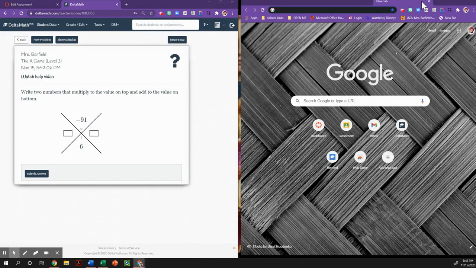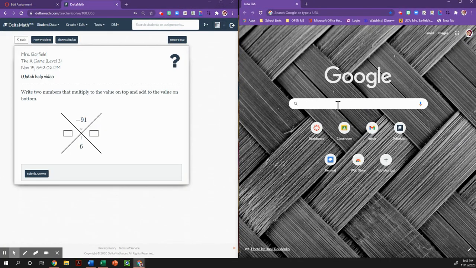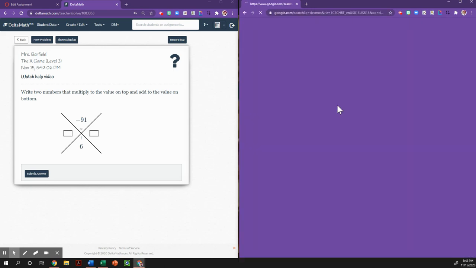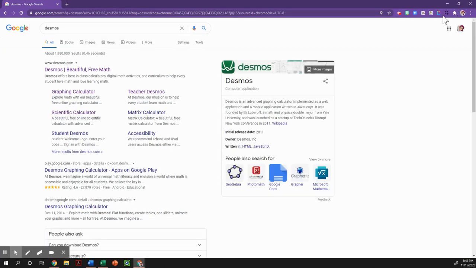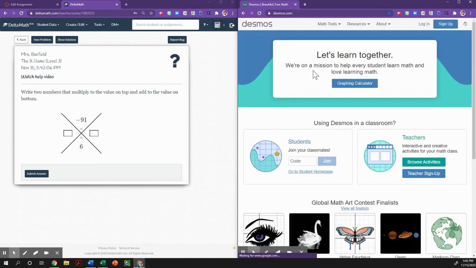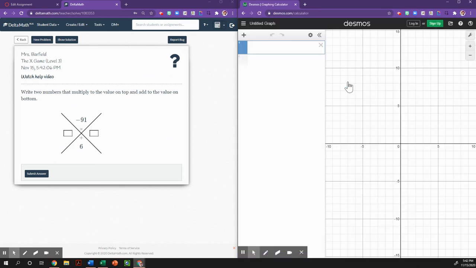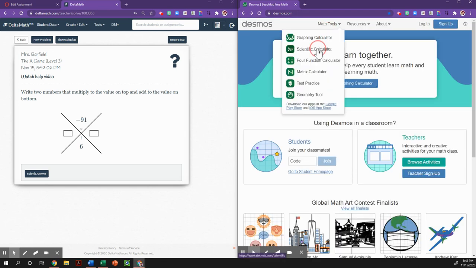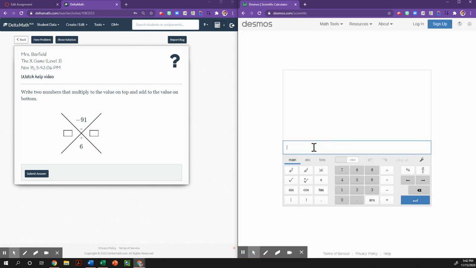So let me slide this over, and I'm just going to go to Desmos, because no one's asking you to have all of your multiplication problems completely memorized. But if you don't, actually I wanted the other one, math, scientific. Okay, so I'm going to take 91 and divide it by 1. Well, it's 91. 91 divided by 2 doesn't work.